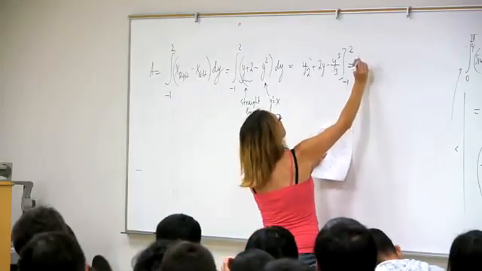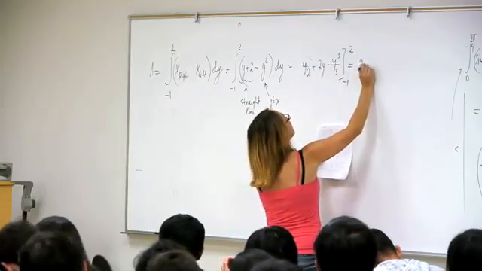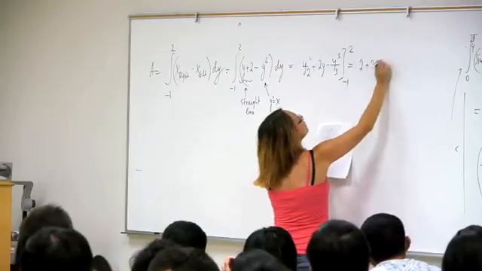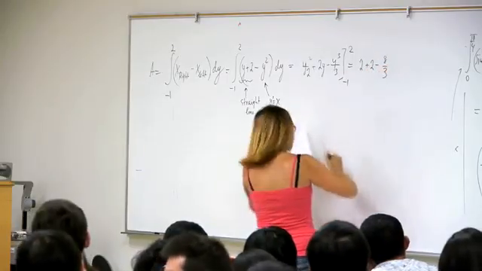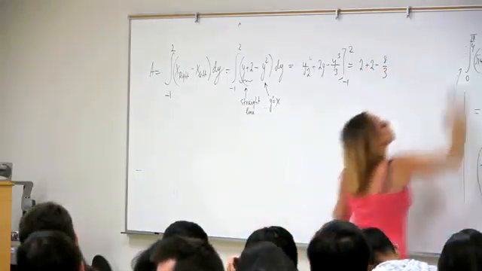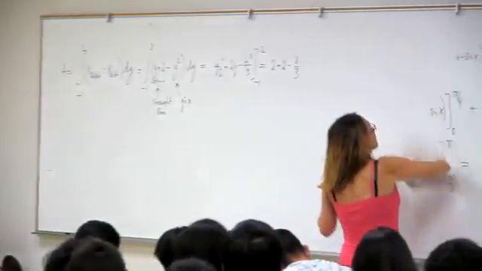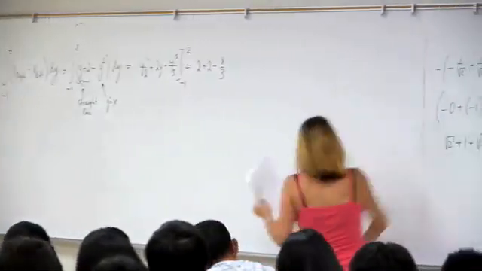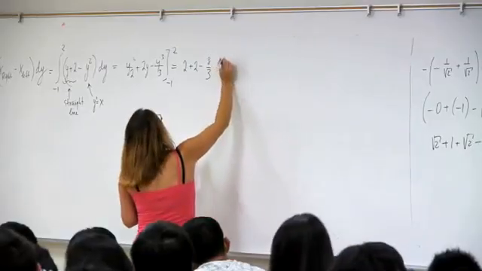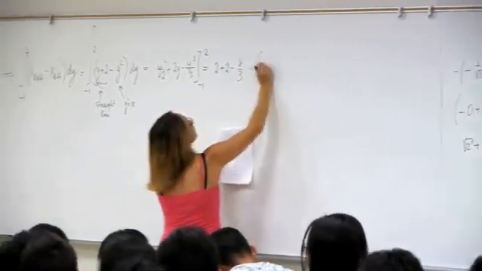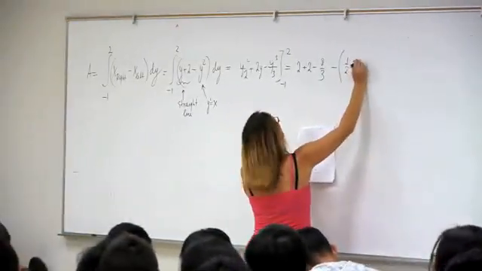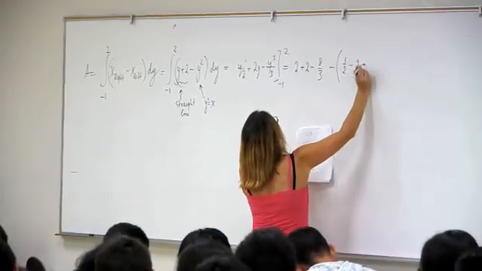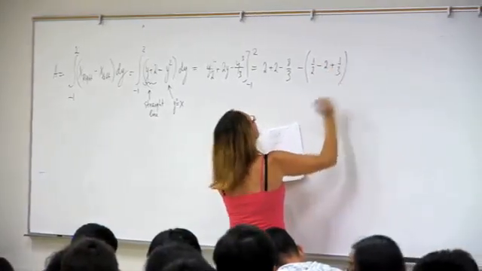So I have 2 plus 2 minus 8 thirds, minus 1/2 minus 2 plus 1/3.